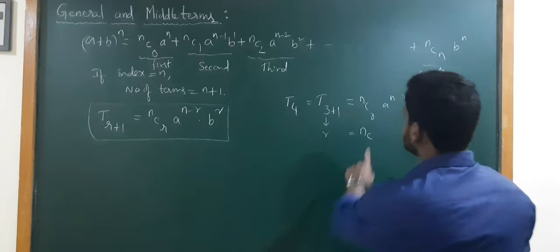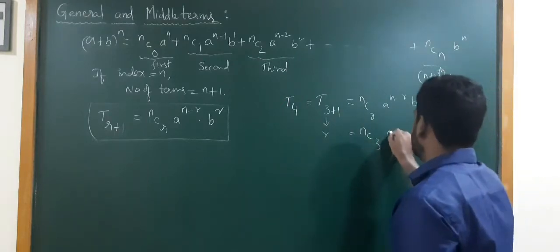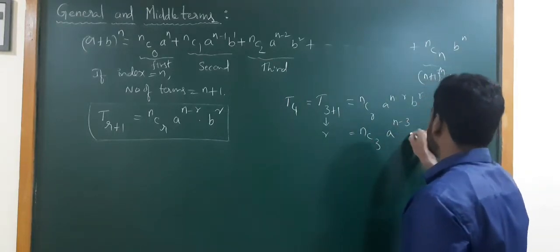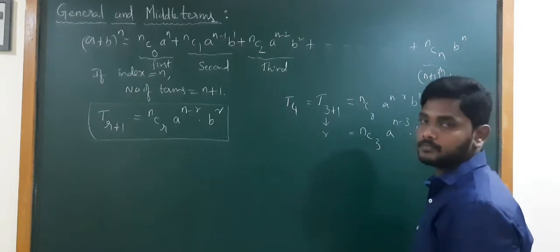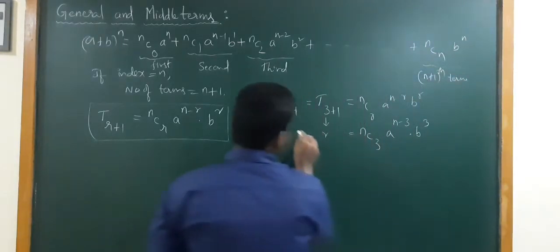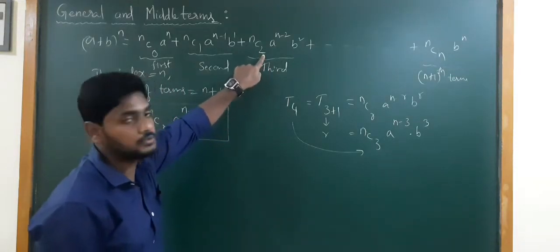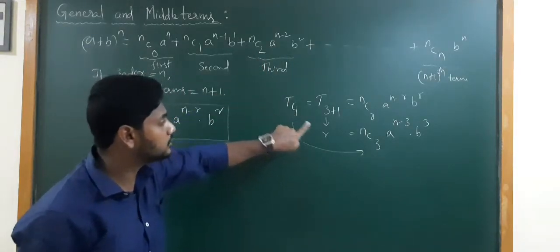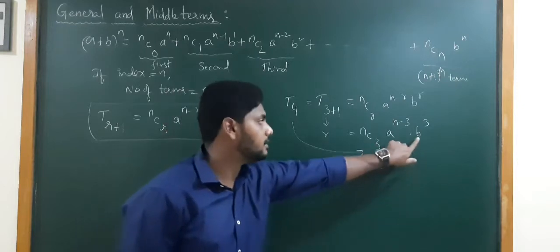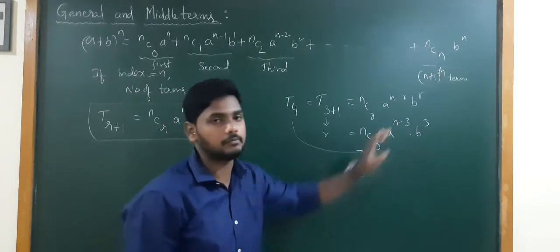But what is the r value here? nC3, a to the power of n minus 3 into b to the power of 3. So to find this fourth term, as the third term means it is 2, like that, if you want to find the fourth term, this will be 3, and here b to the power of 3, a to the power of n minus 3.